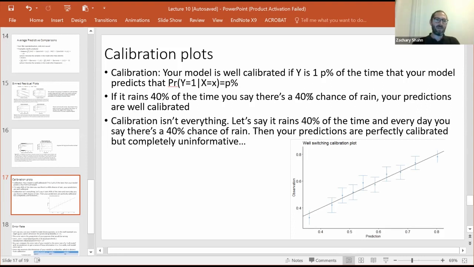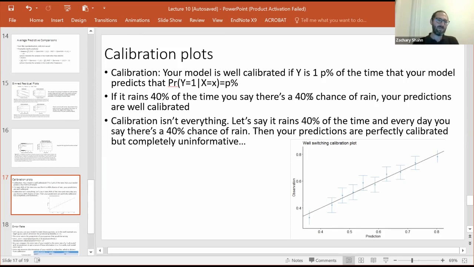Now, calibration isn't everything. Suppose it rains 40% of the time, like in Seattle, I guess it might be that rate, I'm not sure. But every day, suppose you say that there's a 40% chance of rain. That's always your guess. Then your predictions are going to be perfectly calibrated. Every day you say 40%, overall there is a 40% chance of rain.